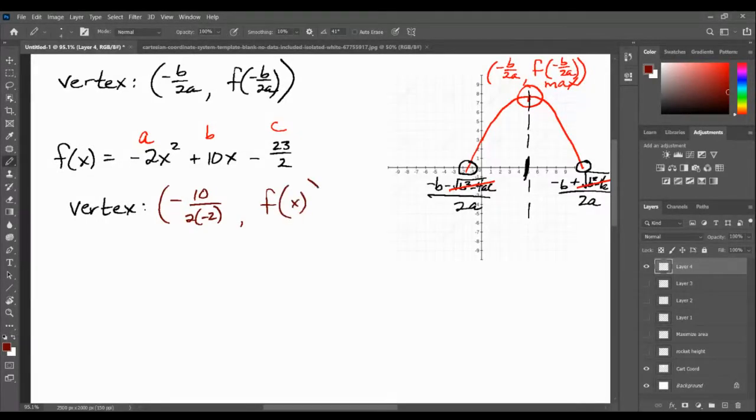I'm just going to go ahead and put x for now because I'm simplifying this. 2 times negative 2, well, you know what, the negatives are going to cancel each other. 2 goes into 2 once, goes into 10 5 times. So I do end up with that 5 halves. And then I need my function evaluated at 5 halves to get the y value.